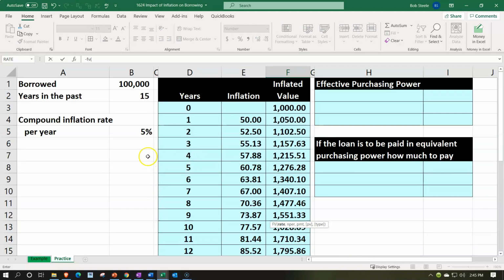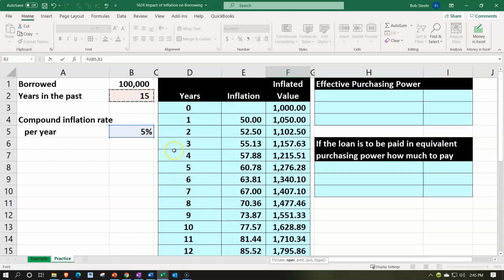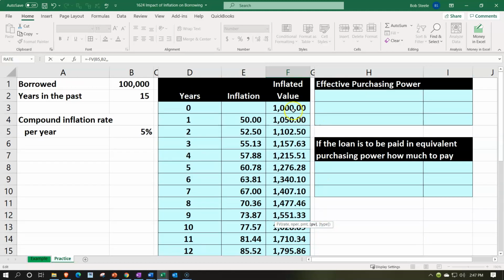The rate is going to be that 5%, comma, the number of periods is going to be 15 years, comma, we're not talking about an annuity, so we don't have a payment, so comma, comma, and the present value is going to be that 1,000. That's that arbitrary 1,000 we put in there to practice our calculations for this analysis.